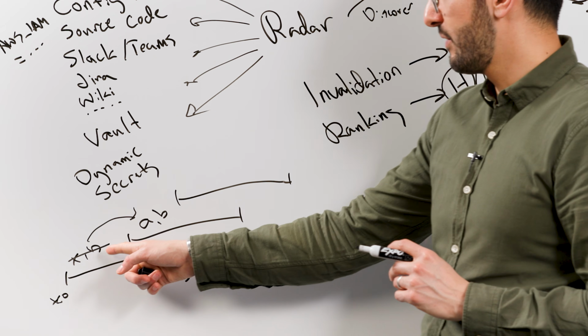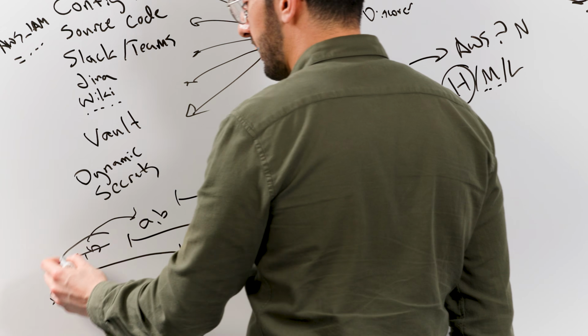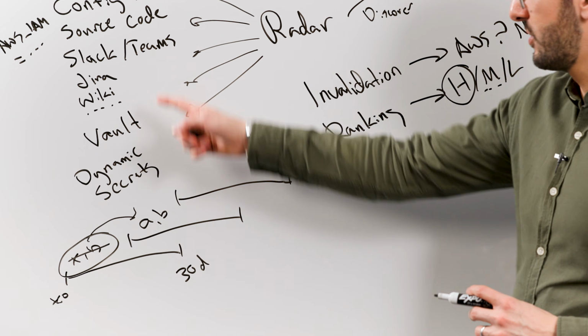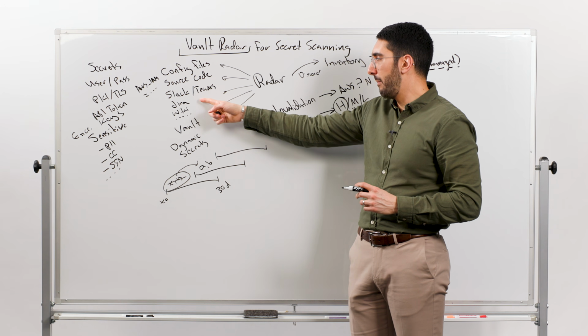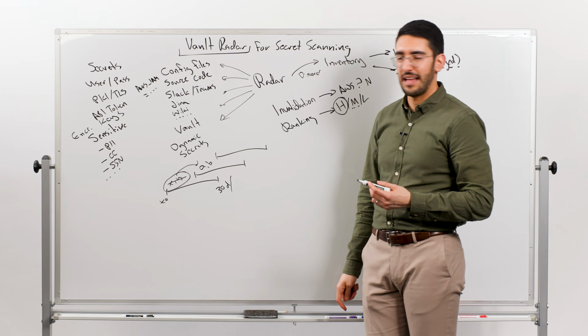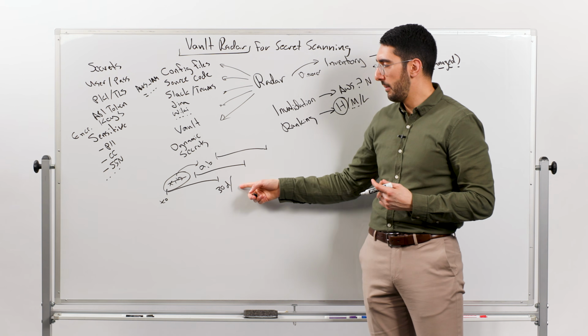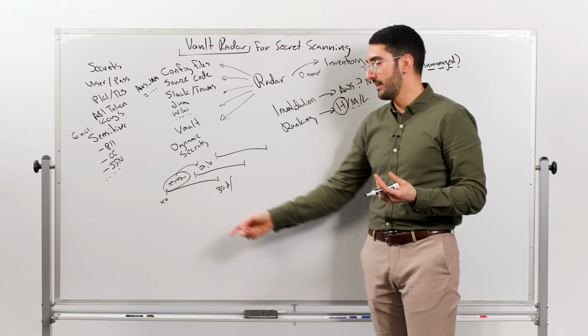So what happens if we come by and we scan and we detect, hey, we see X and Y has been pasted into a JIRA ticket, but we're after that 30 days, right? We know that that secret X and Y is no longer valid. It's been destroyed, but we know that at some point it was valid, right?